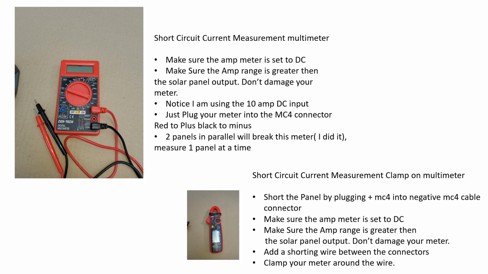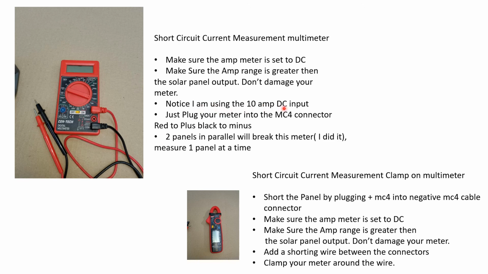Okay, what I'm going to show you in this graph is how to measure the short circuit current. Oh boy, let's see. Start there. And I wish I knew what I was doing in video recording. All right, this is just a $5 multimeter I was able to get years ago.